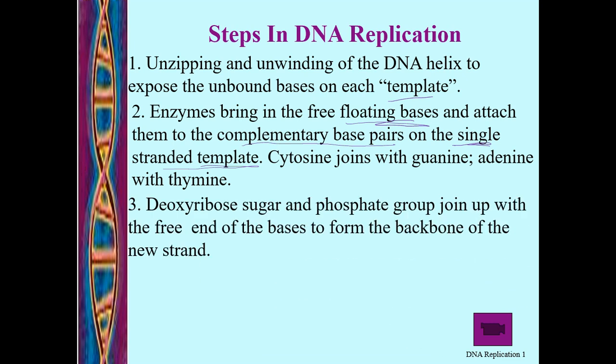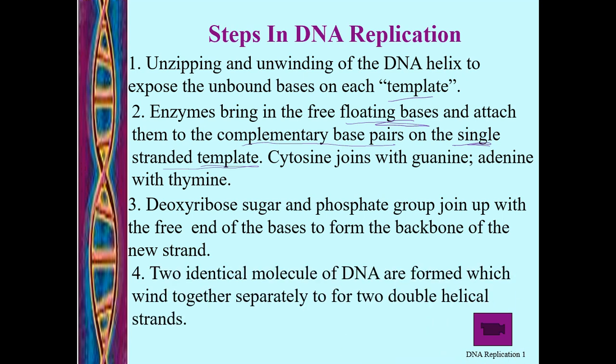The sugars and the phosphates that form the backbone are going to join together. They're going to form a covalent bond. So we have a nice continuous polynucleotide. They're bonded together. So we started with one single DNA molecule, and now we have two identical molecules of DNA that are formed.